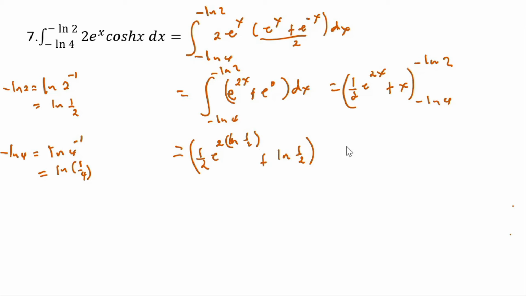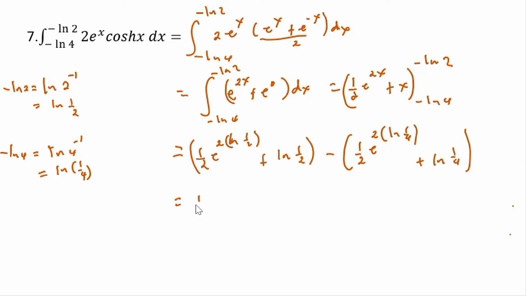This is our f of b minus f of a. We have now 1/2 of e raised to 2 times the negative ln of 4, which is ln of 1/4. So I can write now ln of 1/4 plus x is ln of 1/4. Okay, and after that, simplify further.